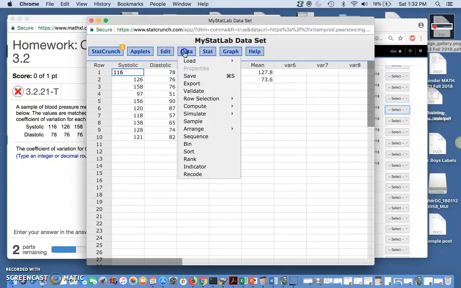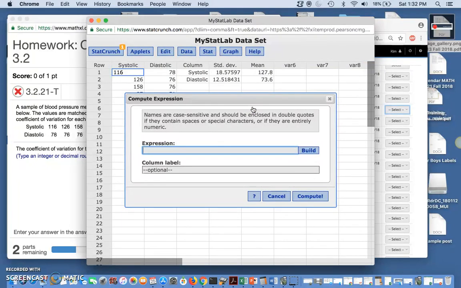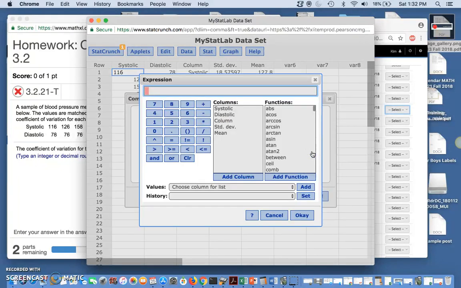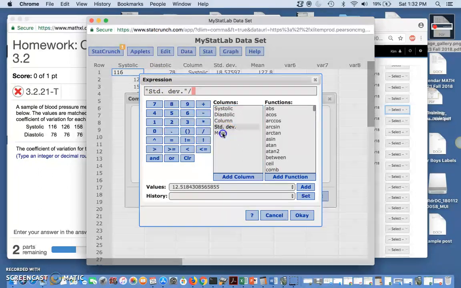So we go to Data and we want to Compute Expression. Now, what is the coefficient of variation? It's the standard deviation. So click out here, Build. You see standard deviation. You want to click until you see it come up there. Divided by the mean, kind of a double click, then times 100.